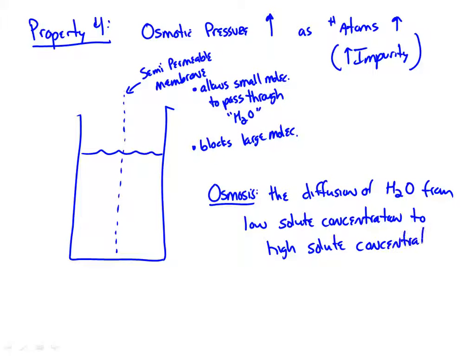So the reason you normally hear about this in biology is because the cells have a certain pressure on them. And if we change the pressure around those cells, we can have things either being sort of forced into the cells or forced out of the cells.